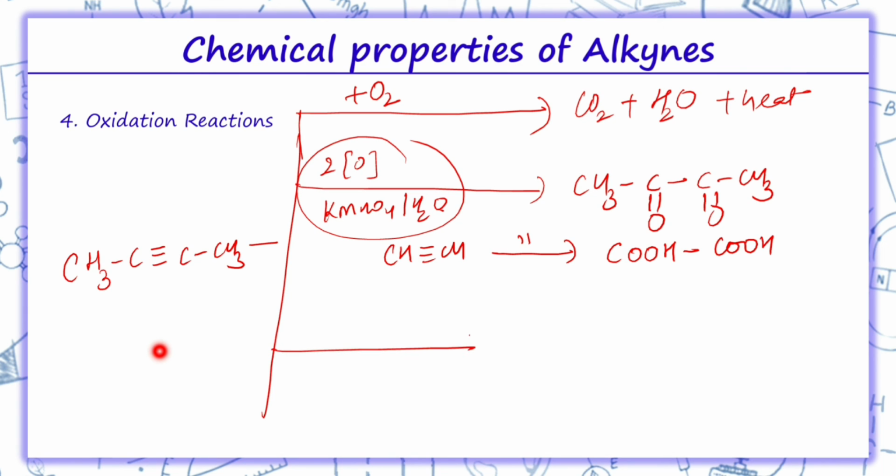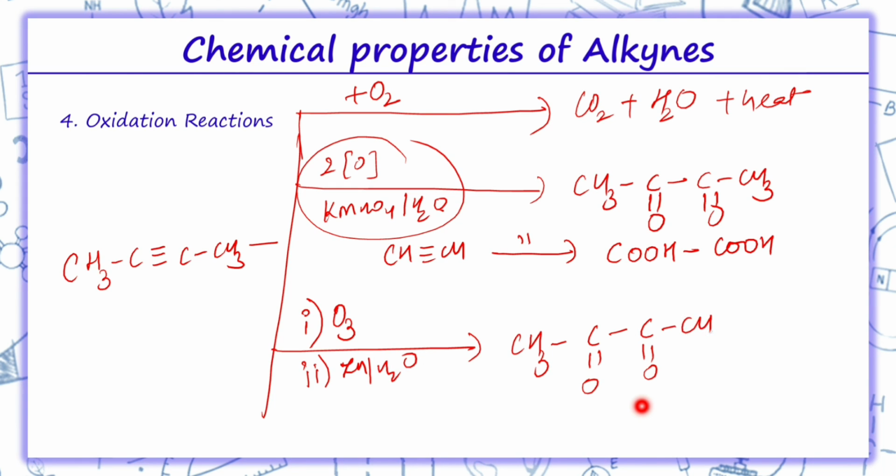The third reaction under oxidation is ozonolysis. In ozonolysis, the alkyne is first treated with ozone and then cleavage takes place with the help of zinc. If the triple bond is in the middle position, the triple bonded carbons are converted into ketonic groups. So, here we will get CH3 C double bond O, C double bond O, CH3.